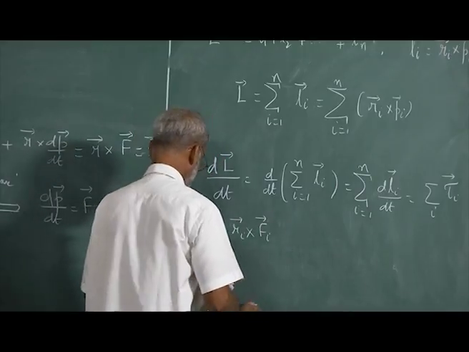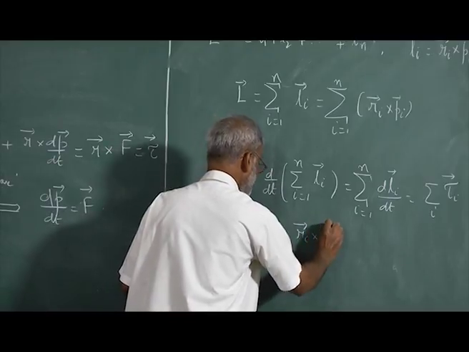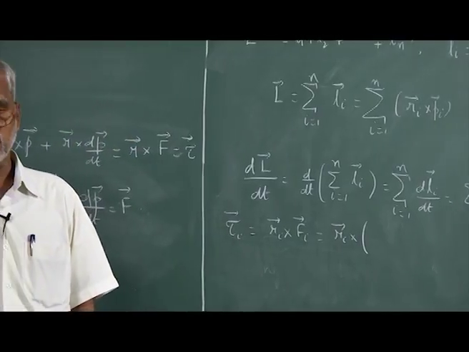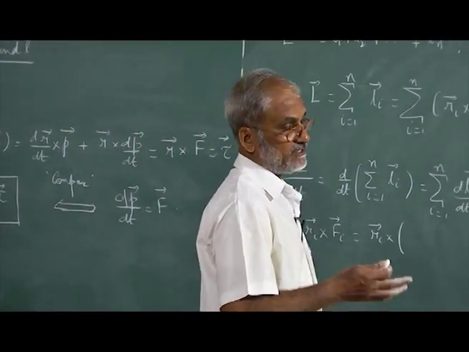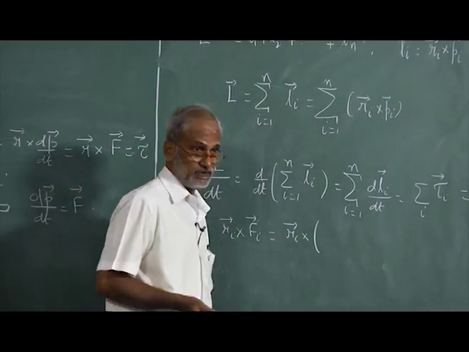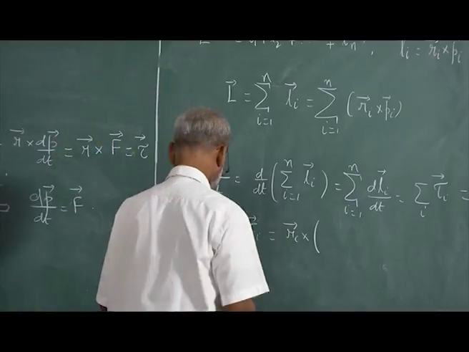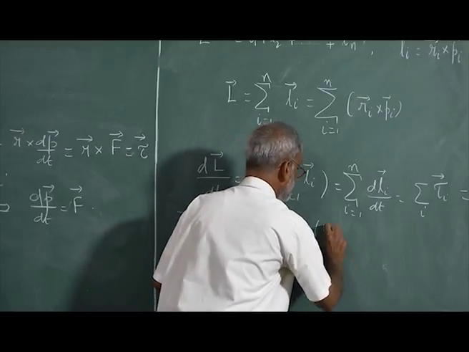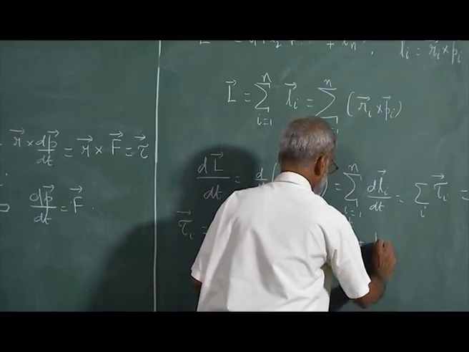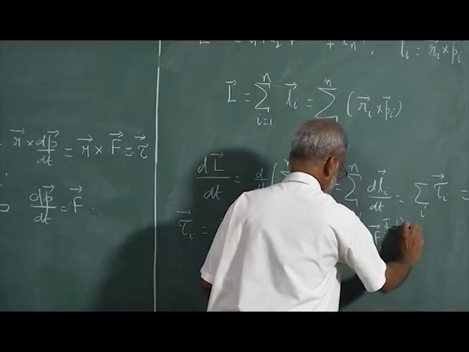So this is equal to r_i times, we had already seen there are two kinds of forces. One is external forces, like gravitation, or if you put a charged particle in an electric or magnetic field, etc. And there can be internal forces like tensions, compressions, interbody attractions etc. And so I will say F_i external plus the internal forces corresponding to the ith particle.